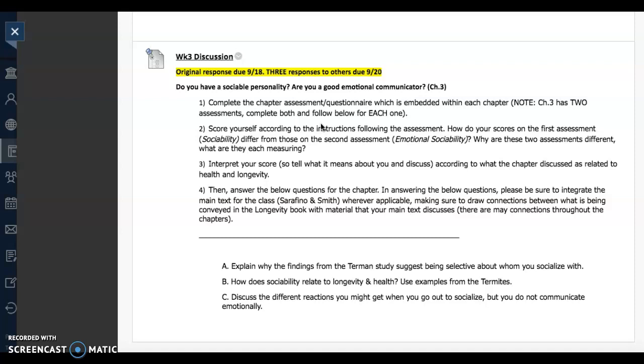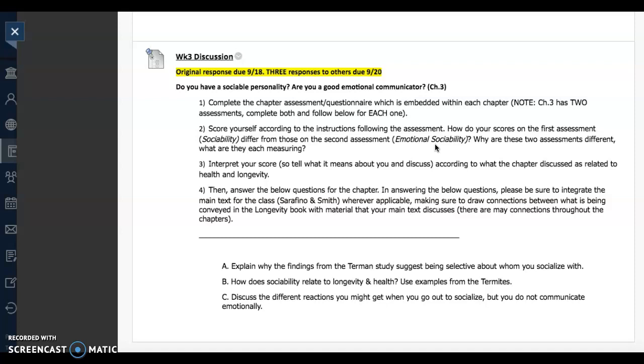You're going to complete each one, and answer all of these for each one. One assessment deals with sociability in general, and the other deals with emotional sociability. It's important to know how those two are different.